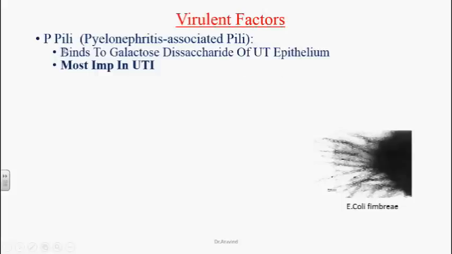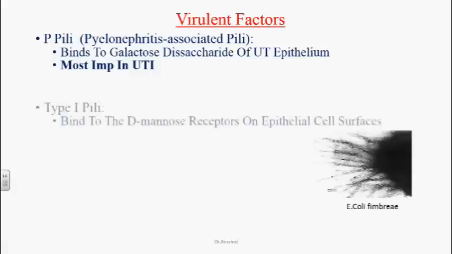The genes producing P pili are present in plasmids inside E. coli, and P pili play a major role as a virulence factor in causing urinary tract infections. E. coli commonly causes urinary tract infections, especially in females, because P pili can bind to galactose disaccharide receptors, which are seen in 90% of humans.